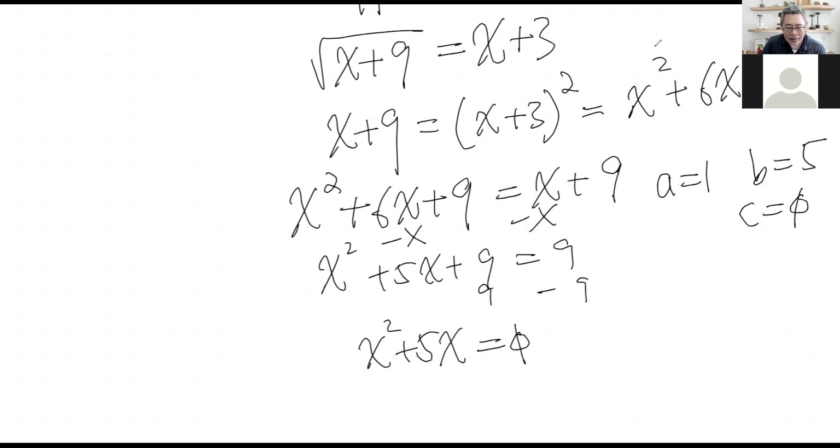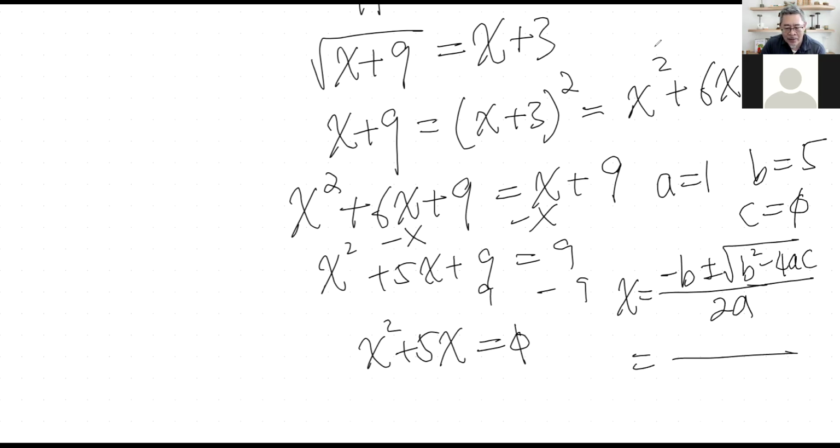Okay, so our x then will be minus b plus or minus square root of b squared minus 4ac over 2a, and that gave us negative 5 plus or minus the square root of negative 5 squared. Since c is 0, we basically have minus 0, right?